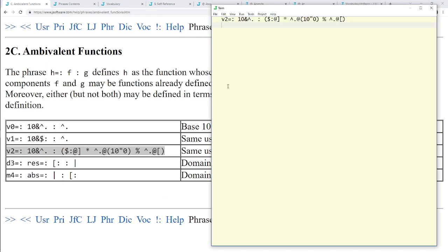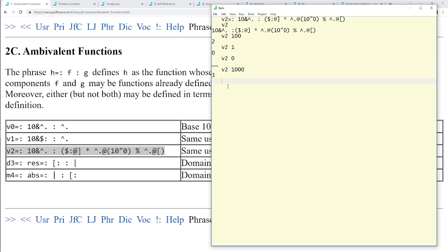All right. So the monadic case is easy. It's 10 logarithm. So if I have V2 100, it's 2. So 10 log 100 is 2, right? And if I had V2 1, I get 0. V2 0 is some infinite thing or whatever.